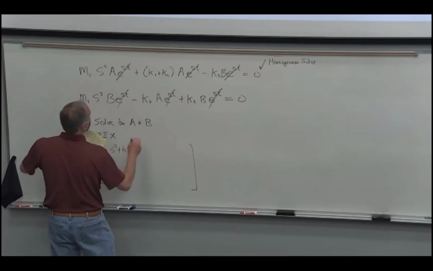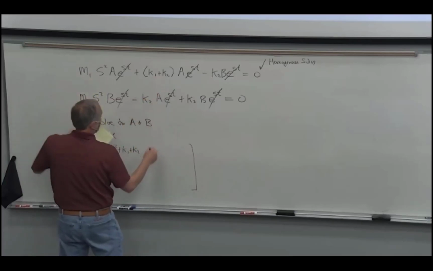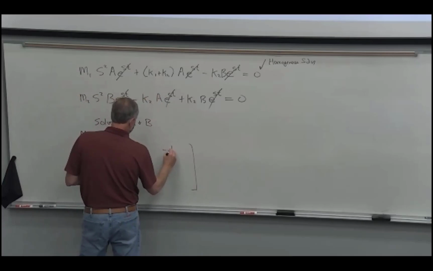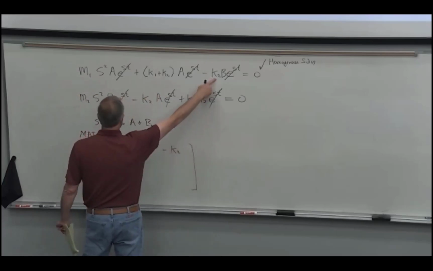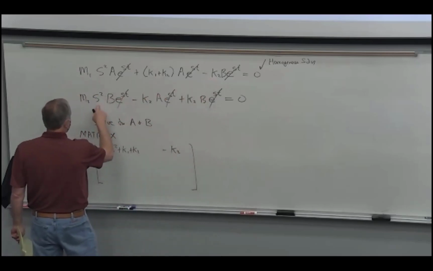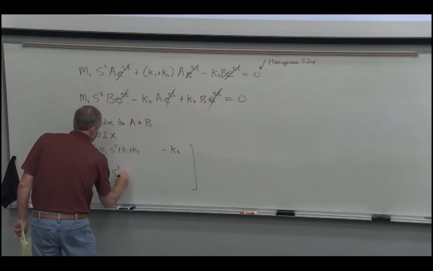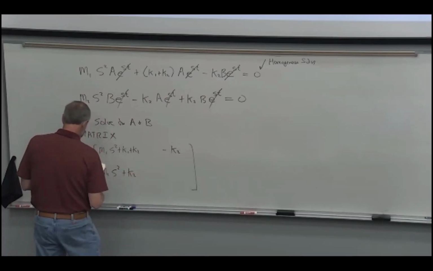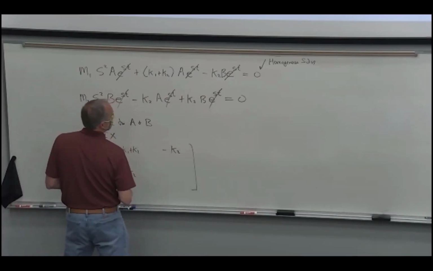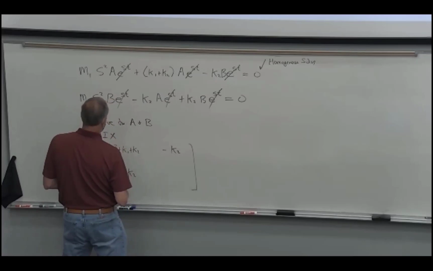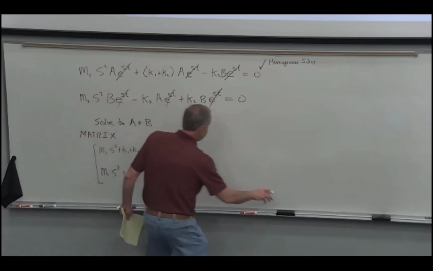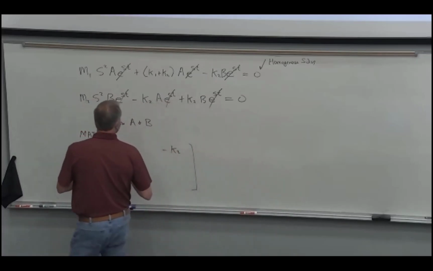So there's all the stuff that multiplies A up here. And then the stuff that multiplies B, K2. The stuff that multiplies B is... oh, sorry, I need the A stuff there, don't I? So it's just minus K2.